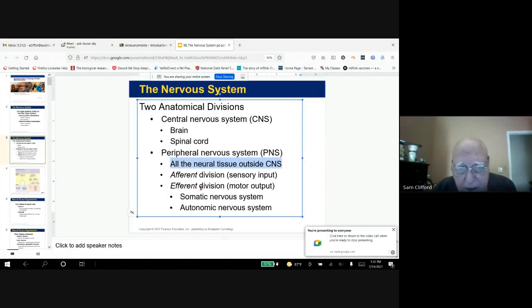Efferent means information is sent from the central nervous system to the outside or the periphery, or from the brain to the arm, or from the brain to the foot. Muscle contraction, glandular secretion is an efferent output. Input is the afferent division from the periphery or the exterior to the central nervous system.